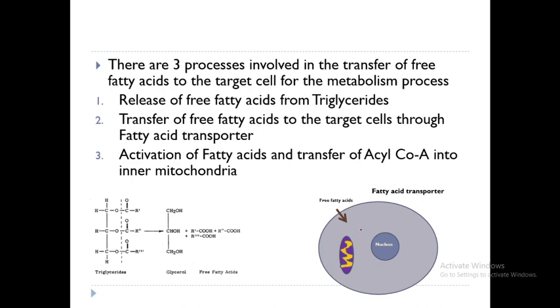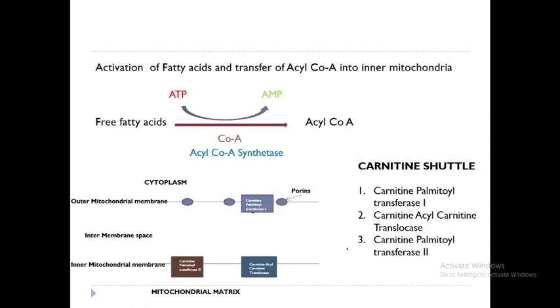Before that, the free fatty acids have to be activated to form acyl-CoA, and this acyl-CoA is transferred into the inner mitochondria, nothing but the mitochondrial matrix. Here you can see the activation of fatty acids. The free fatty acids are activated by the enzyme acyl-CoA synthetase to form acyl-CoA.